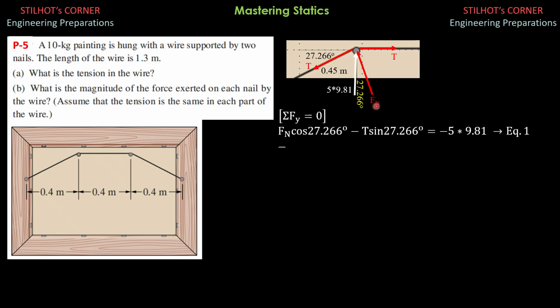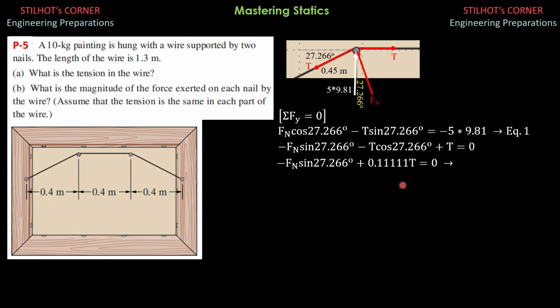So negative Fn sine 27.266 degrees, negative T cosine 27.266 degrees, then plus T equals 0. Combining these two, negative Fn sine 27.266 degrees, then plus 0.11111T equals 0. Solving equations 1 and 2 simultaneously, we get Fn equals 49.05 newtons and T is 202.2 newtons.